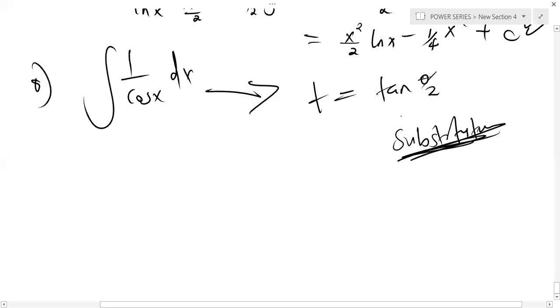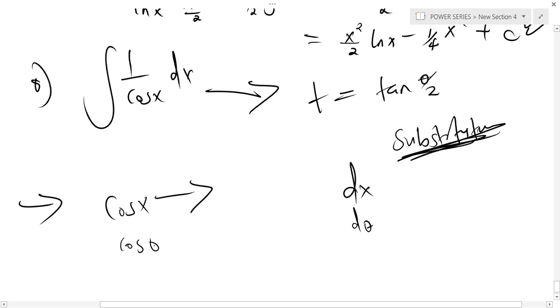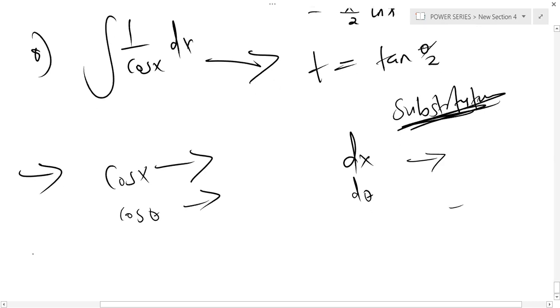For this particular question, we use t is equal to tan theta over 2 substitution. So go and check in your books. How exactly do you write cos x? In the books, I gave it as cos theta. Then you come replace. How exactly do you write dx? In the books, we have it as d theta, cos theta. It's exactly what we did. It's in the book. So I'll let you guys refer to it from the books.